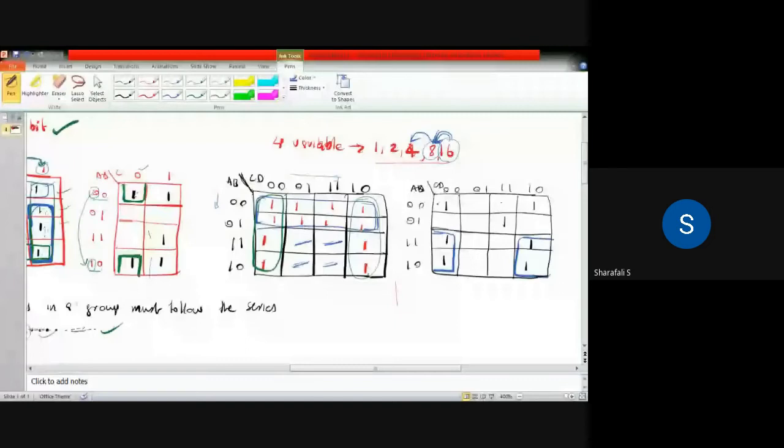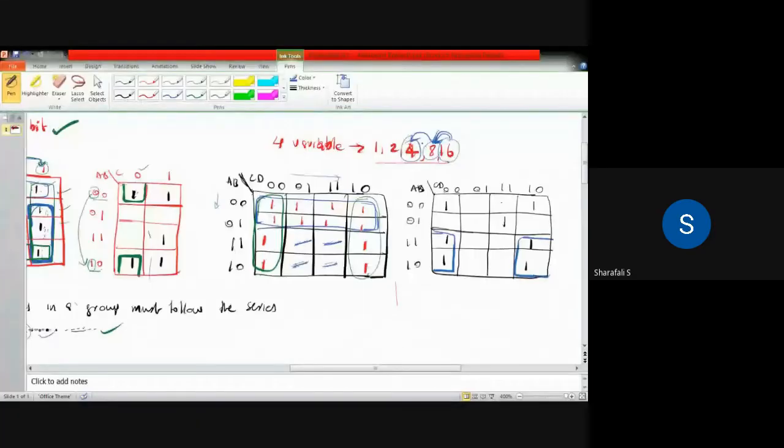So you can group these two, so that you will get a group of 4 cells. And this is allowed because the bit change will be by unity. So this is how we can group the cells at the ends. That is very important.